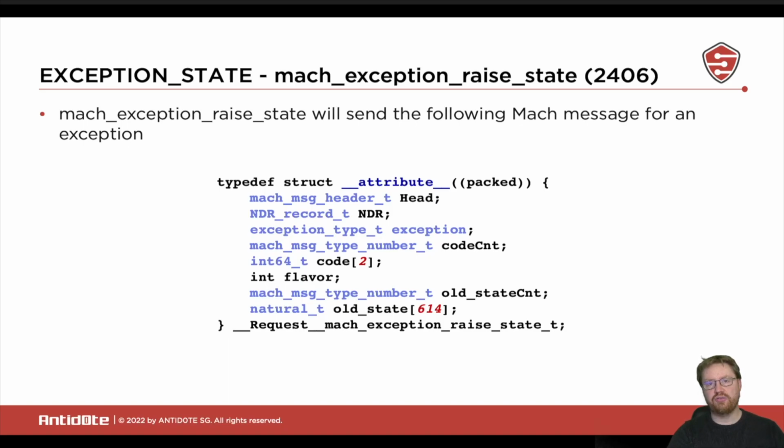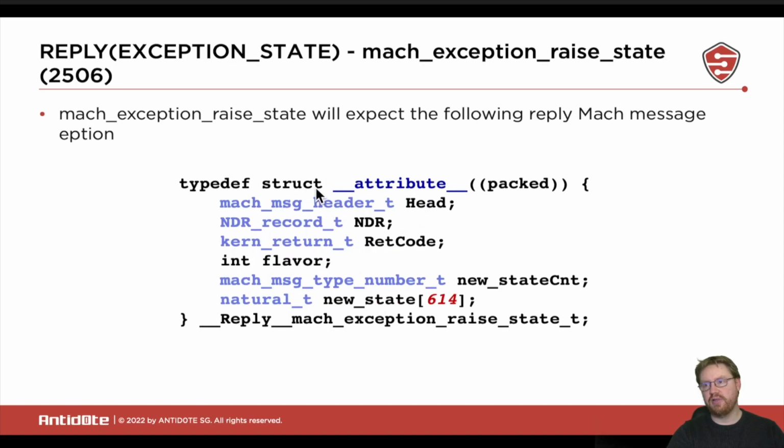Again, if we want to answer this, we need to send a reply, which is 2506. And the reply also has a new state in it, so we can actually replace the registers before we continue execution after the exception. So we can actually fix the problem if that's possible, and then let the code run, for example, from a different position.